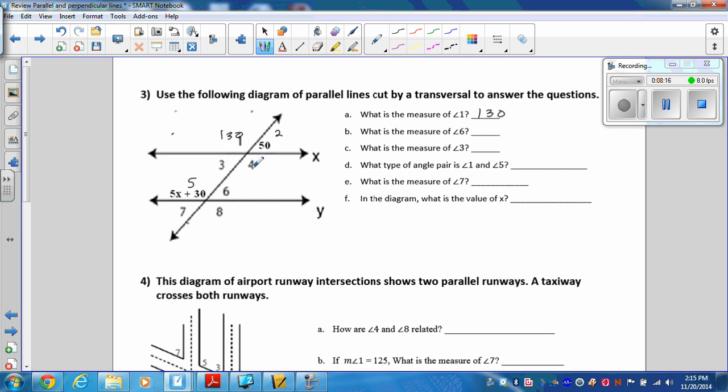The measure of angle 6 is the same as the measure of angle 2. So that is 50. The measure of angle 3 is the same. Those two angles are vertical. So this is also 50. Angle 1 and angle 5 are complementary angles.